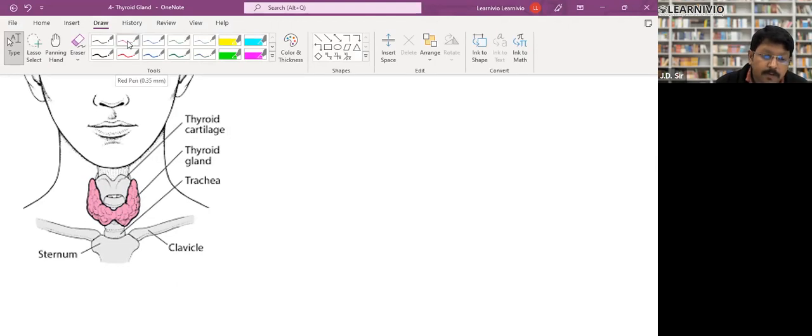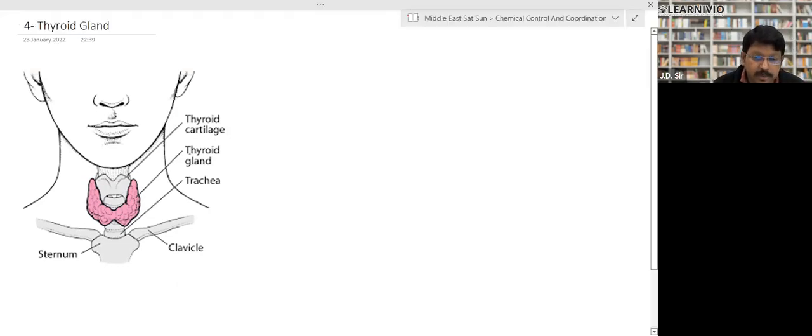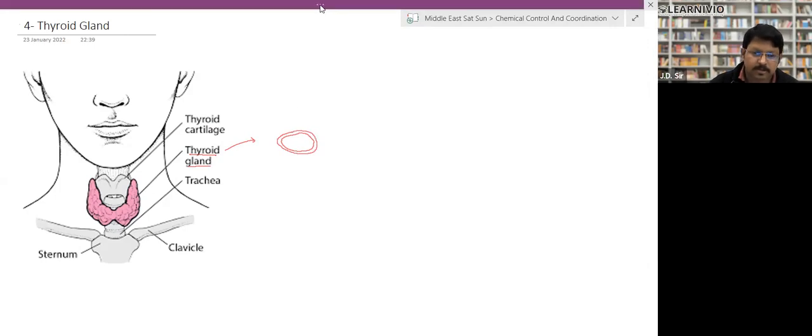So look, what does this thyroid gland secrete? The thyroid gland has a certain vesicle-like structure, right?